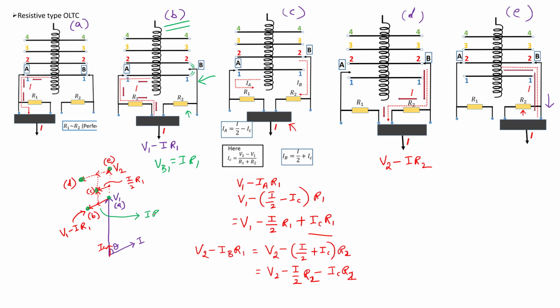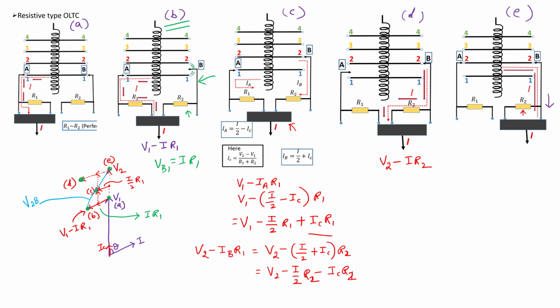This is the magnitude of IR1. So again B and 2. Now B and 2 you have to indicate using this phasor actually. I'll draw with a different color. Red is already used. Let us use blue. So this is the difference between V2 and B. This is the phasor V2B.